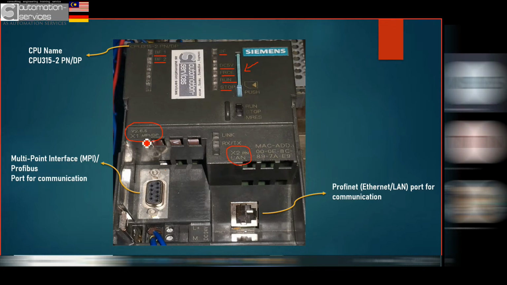Number one is X1, this port, which is the MPI or DP. MPI is the MPI cable, and DP is the Profibus. Then X2 is the LAN, which Siemens calls Profinet.